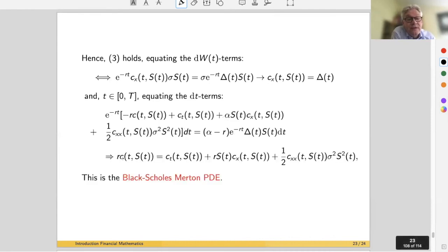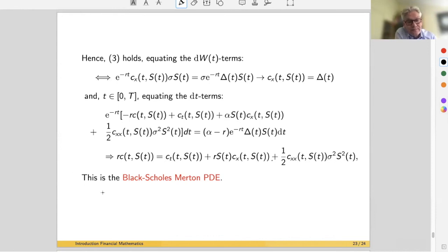rC is equal to dC/dt plus rS dC/dS plus 1/2 the second derivative of C with respect to S times sigma squared S squared.